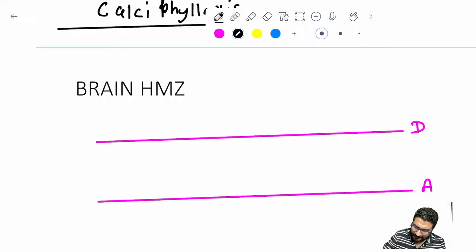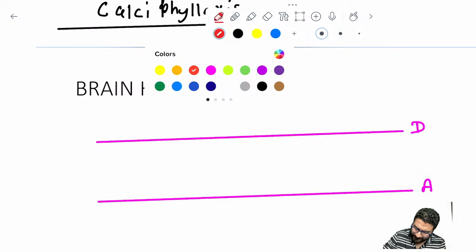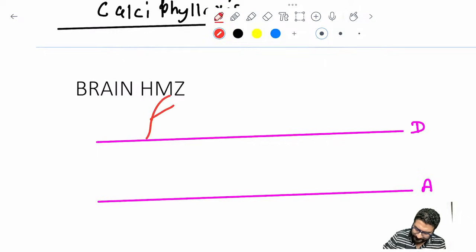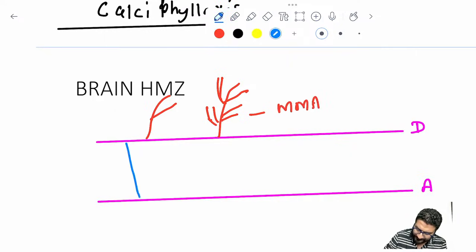Now understand, above the dura we have arteries. These arteries are called the middle meningeal artery. Below the dura, understand, here we have a plexus of veins.